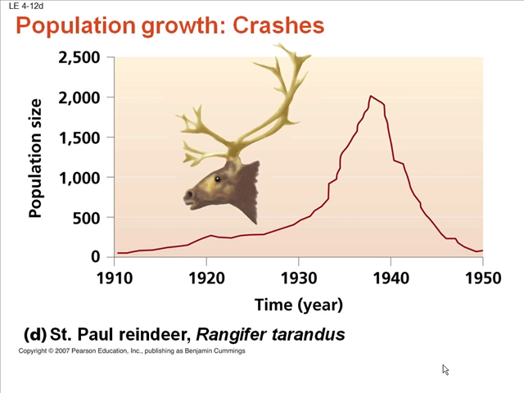So it had overshot the island's carrying capacity. This led to a population crash, with the herd plummeting to only 8 reindeer by 1950. So that's a crashing population curve. The overshoot was so extensive that the food sources were depleted, and the population crashed.